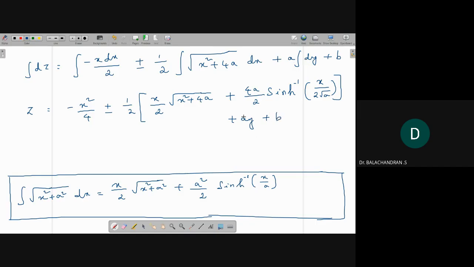Still you can simplify, multiply by 1 by 2, or you can cancel. I leave it to you. So this is the complete solution of equation 1. Okay, next problem.